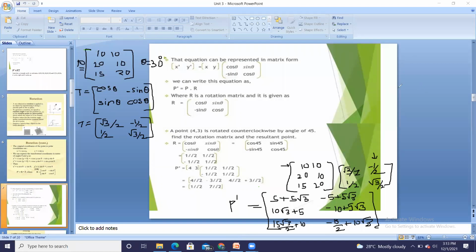Okay. So its diagrammatic representation will be with respect to origin. The current values are 10, 10 and 20, 10. This is your 10, this is your 20, let us assume. So 10 and 20, and this is your 15 value. So this is your triangle.